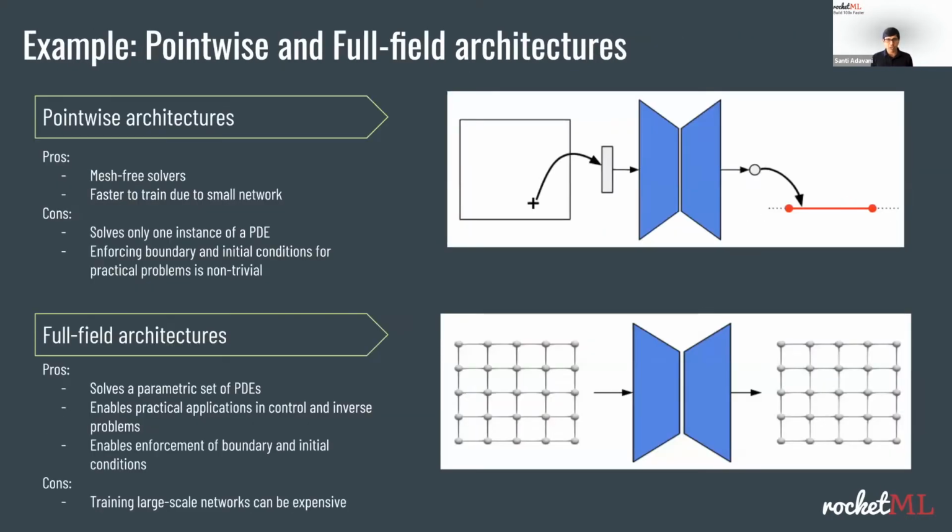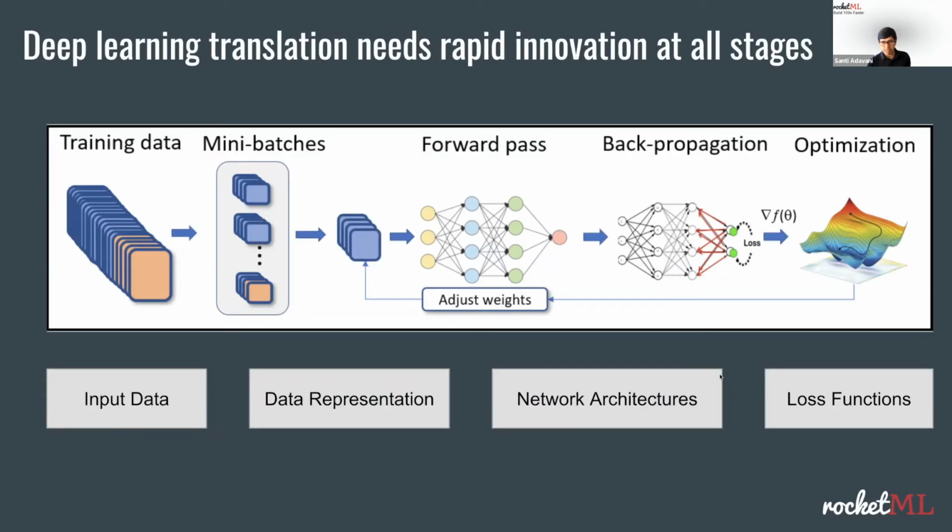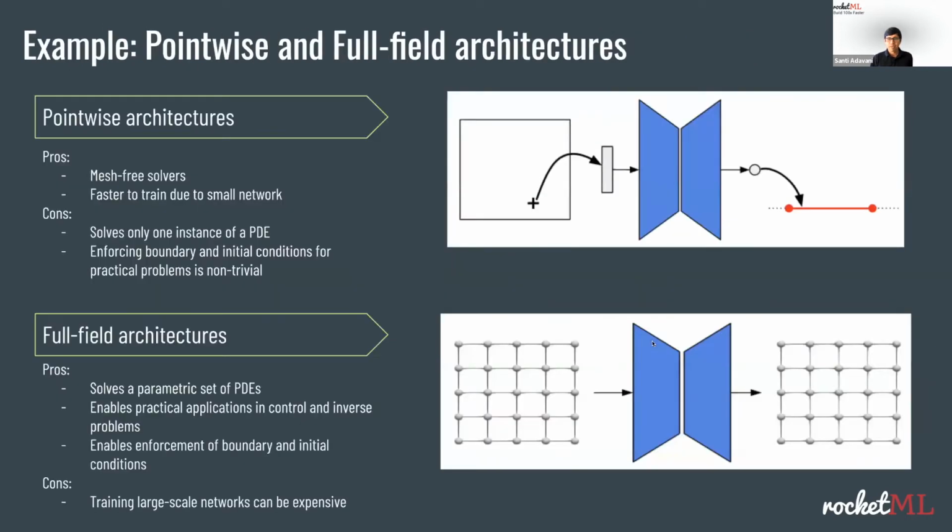Let me dig into each of these separately in a second, but let me give one more example on pointwise versus full-field. Just sticking to this third piece here, network architectures, because you might have seen these pieces in the last few weeks in other talks. So just within the network architectures piece of the ambiguity, we're talking about at least two types of architecture, right? One is pointwise, one is full-field.